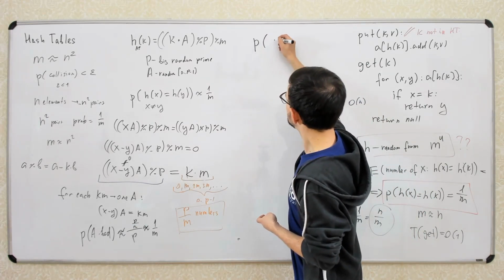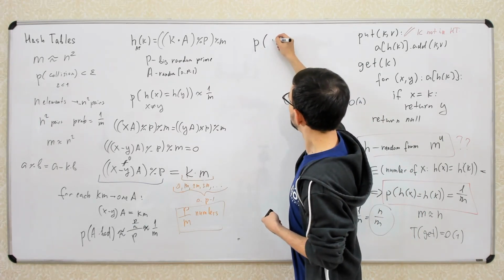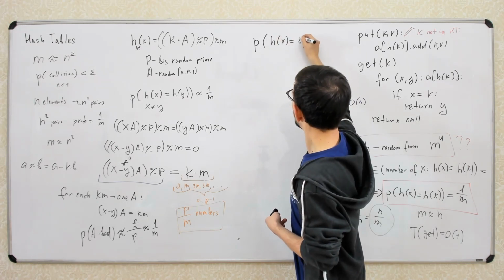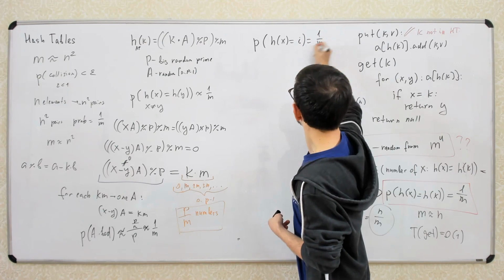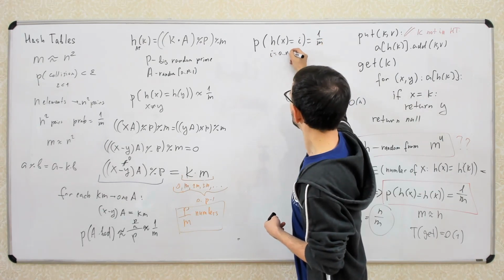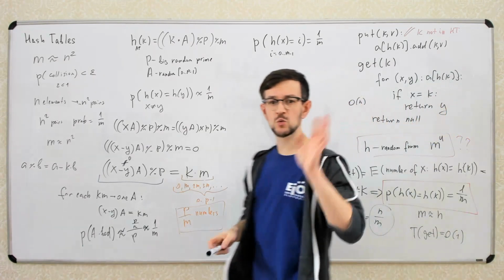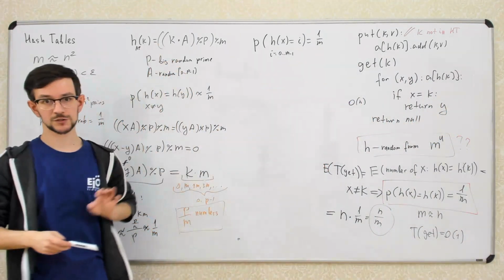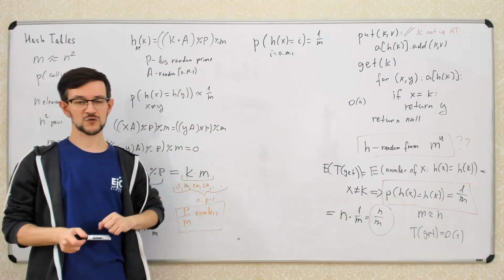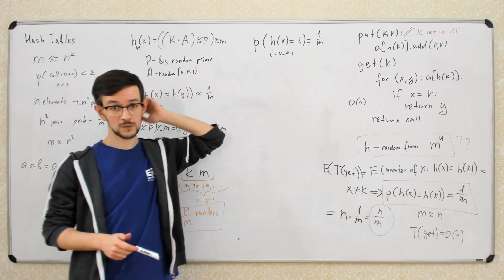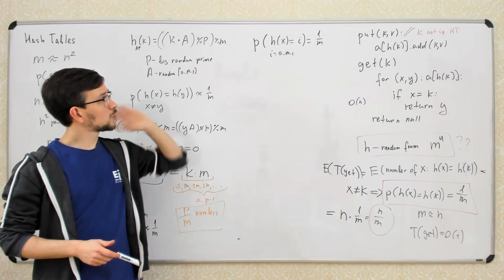The property is that for each key, the probability that the hash function equals i is 1 over M, for all i from 0 to M minus 1. Let's imagine we have some different set of hash functions, we pick a random hash function, and we know that this property is satisfied. It looks kind of natural.